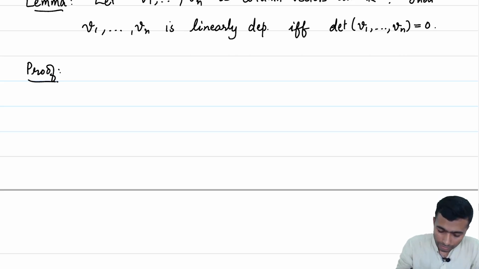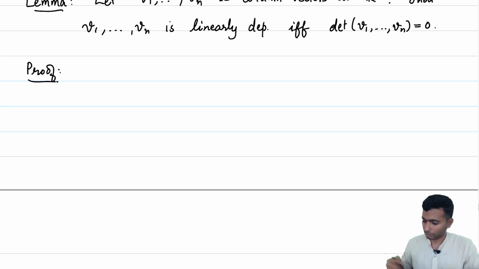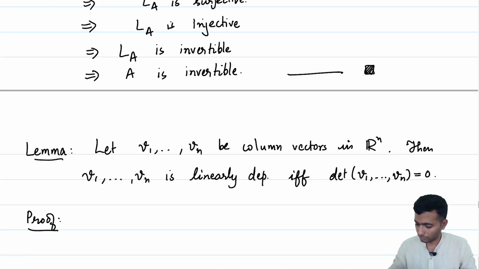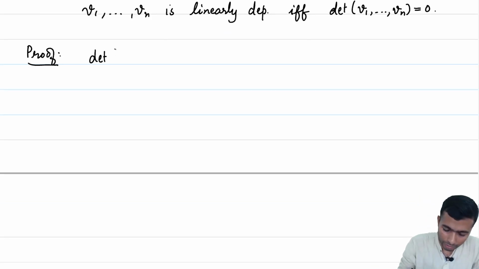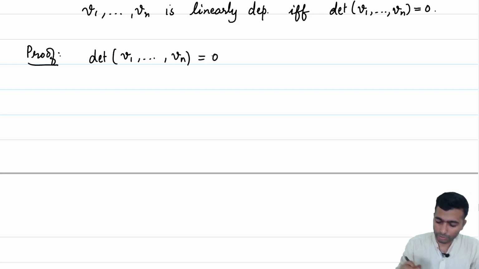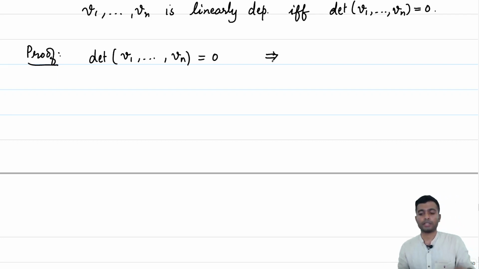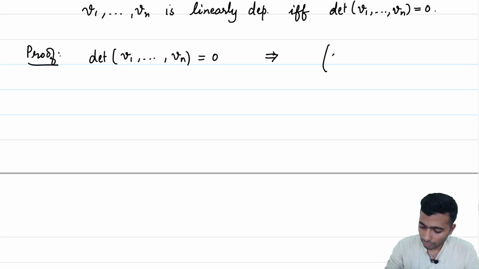So, suppose the determinant of v1 up to vn is equal to 0. What does this mean? This means that the matrix v1 to vn is not invertible.